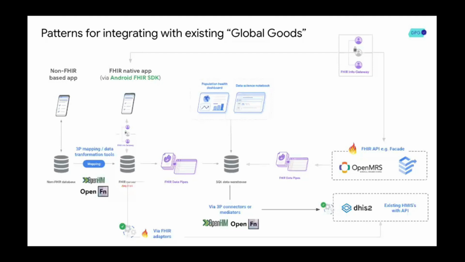We want to figure out ways of doing this as we're transitioning to more FHIR-based solutions, because we want to take advantage of that rich patient-level data, as opposed to collecting more aggregate data in the past. We can do this, and there are lots of different patterns. There are existing global goods, other digital public goods, and there are ways to connect some of these systems up, and that could be a topic for another time.